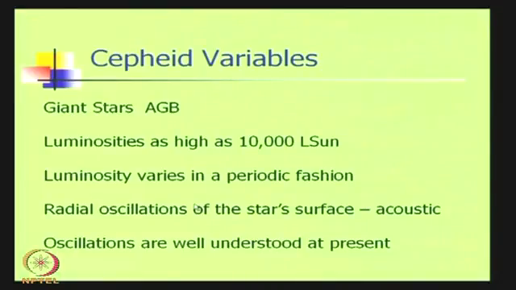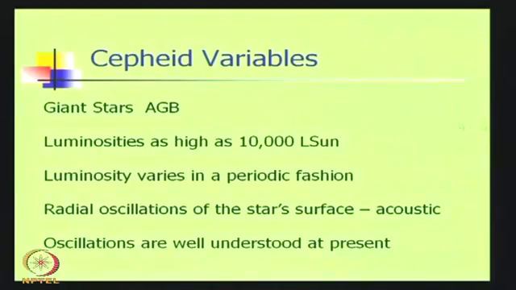So the star has an instability, the surface of the star has some instability, due to which you have radial oscillations on the surface of the star. The surface of the star basically oscillates, it increases and decreases, and you know that the luminosity depends on the radius. So if the radius of the star goes up and down, then the luminosity will have pulsations, and these are acoustic modes.